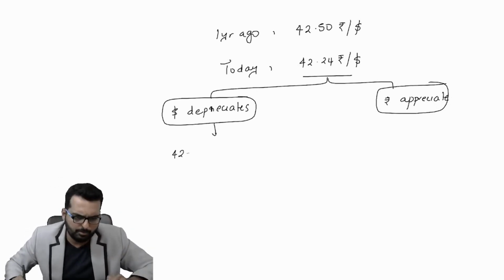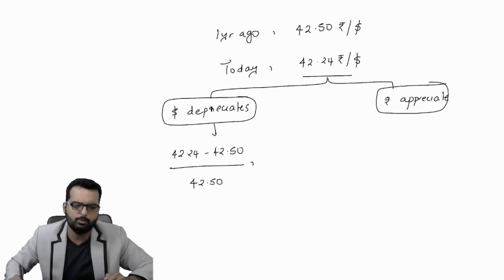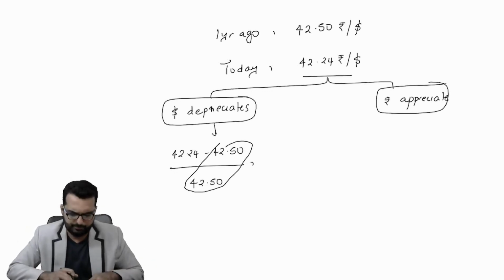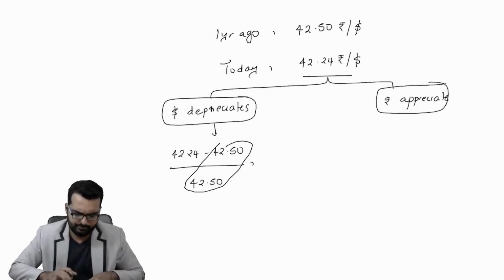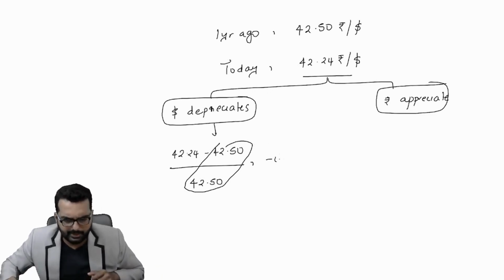42.24. And the formula would be 42.24 minus 42.5 divided by 42.5. Whatever comes on the right will come down also. You will get the answer as minus 0.611 percentage.